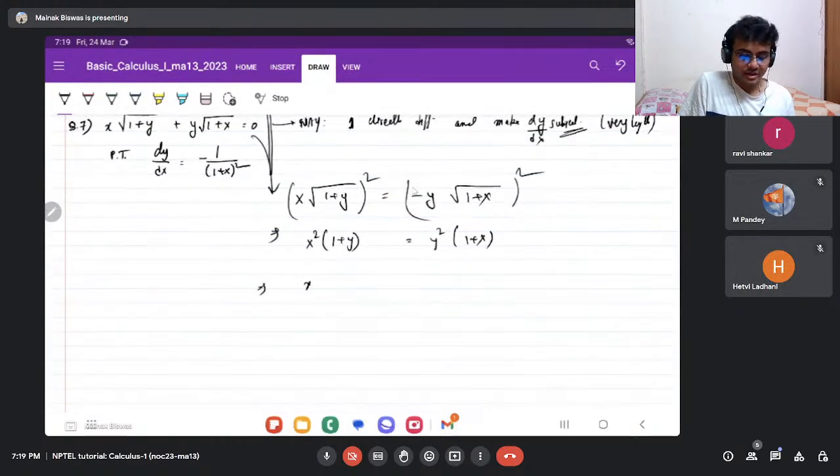Or you have x square minus y square, or I'll put y as the subject, so I need to put y square minus x square y, x square y. So I have put this, and then I'll put, so the y square x.